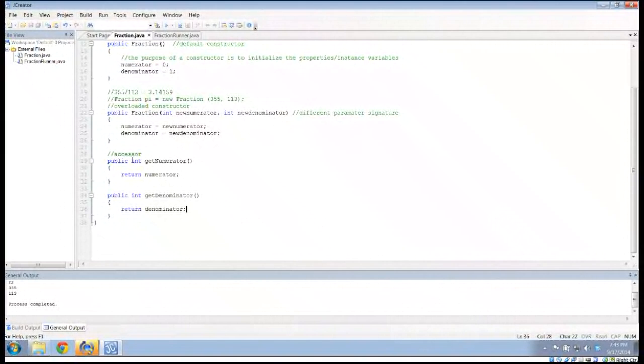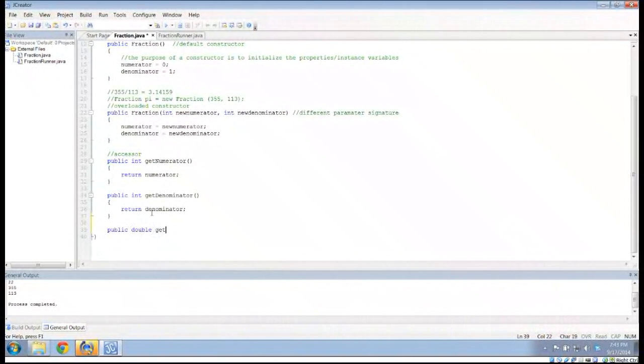And the way I find my value is taking my numerator and dividing it by my denominator. So I'm going to create a method for this. Now, most fractions have a decimal value, so I'm going to go ahead and make its type double.